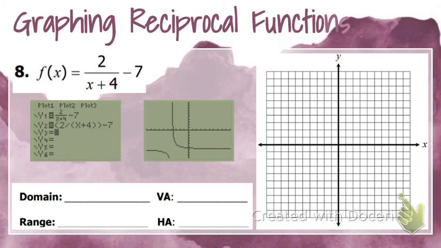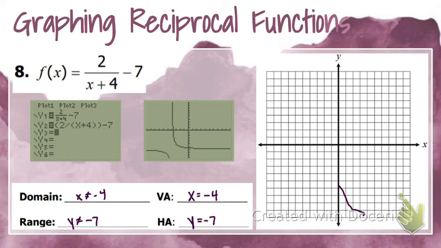Okay, so anyways, going back to it, we might as well finish this one since we've got it pulled up. Our vertical asymptote in this one is going to be x equals -4. And remember that it's the opposite sign of whatever is down there for the x equals part. And then our horizontal asymptote is at y equals -7. So that means our domain is x is not equal to -4, and our range is y is not equal to -7.